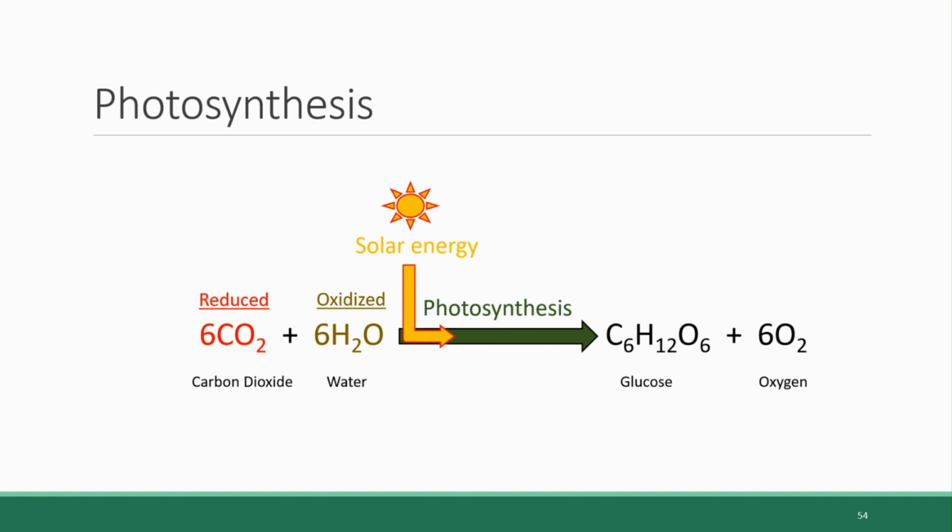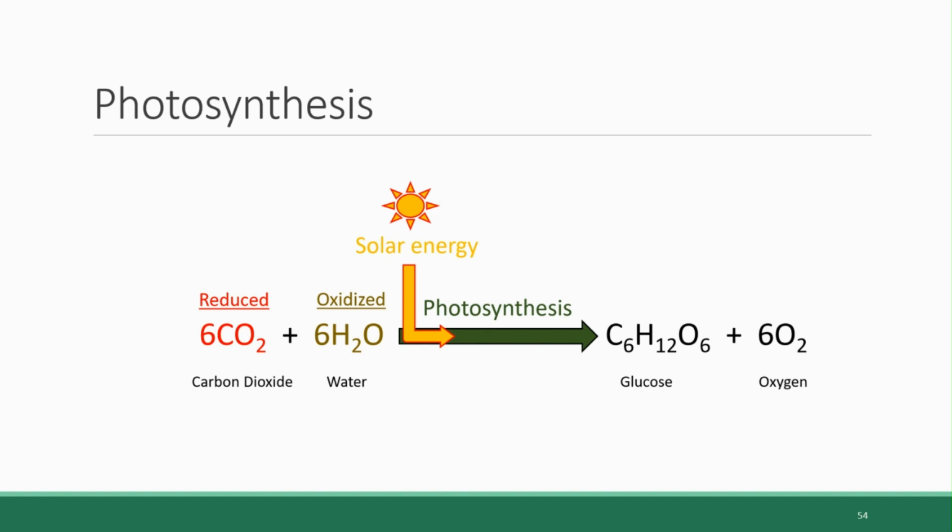Carbon dioxide and water get used up, with the water being the giver of electrons, the thing being oxidized, and the carbon dioxide being the ultimate recipient, the thing being reduced. The result is that the carbohydrate glucose is created and oxygen gas is generated and released into the environment. So this is how photoautotrophs self-feed. This is how they create their own food, their own carbohydrates.